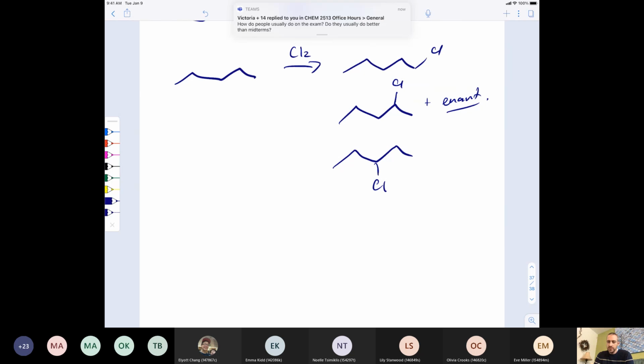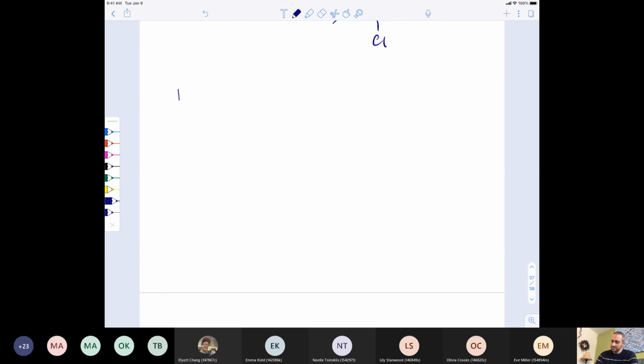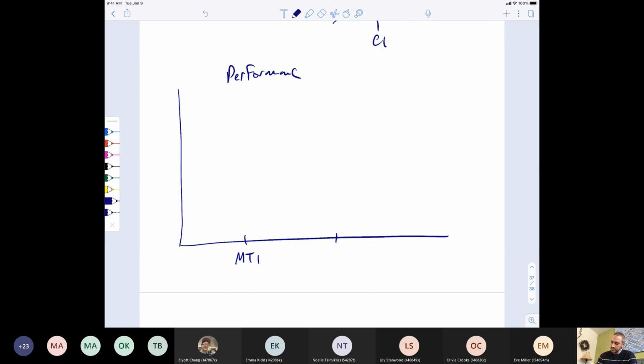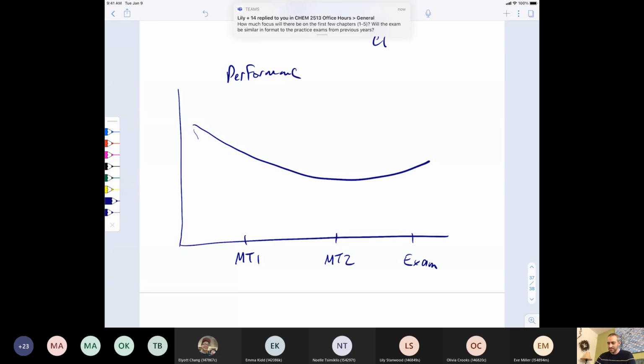Victoria, how do people usually do on the exam? Do they usually do better than midterms? I'm going to draw you a graph. Performance: midterm 1, midterm 2, exam. Most years it goes like this, in terms of class average.